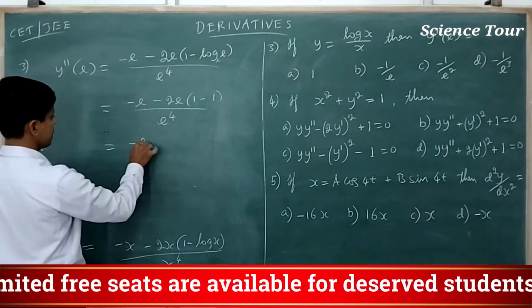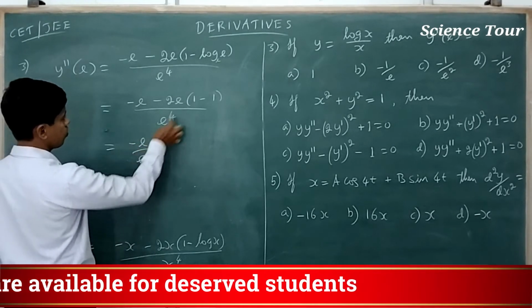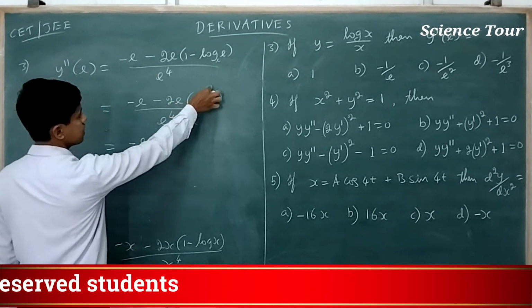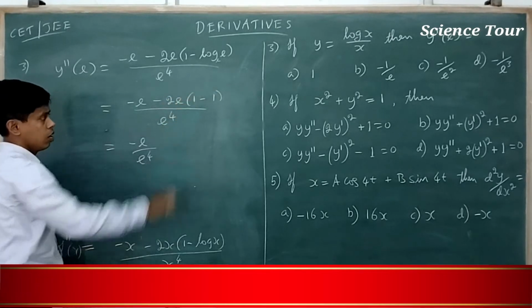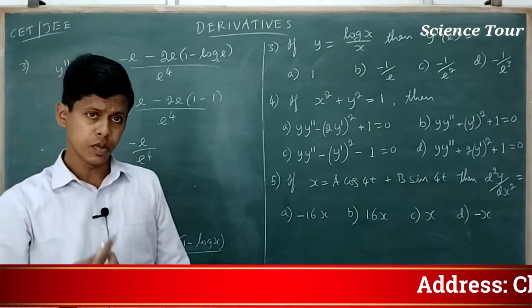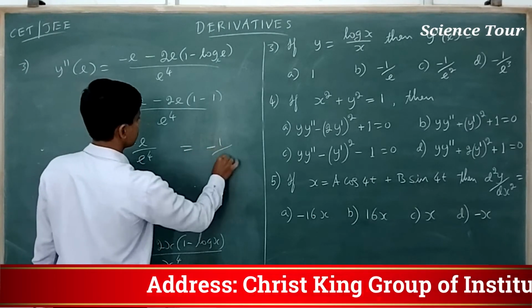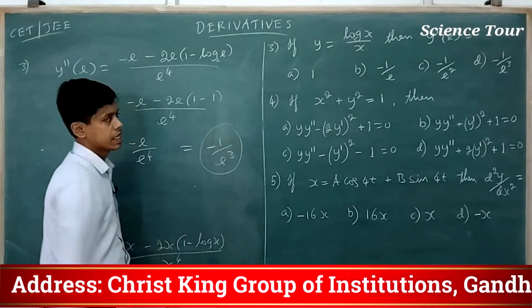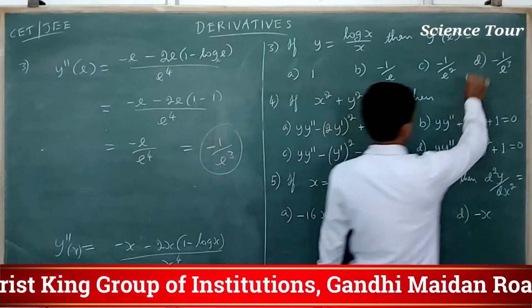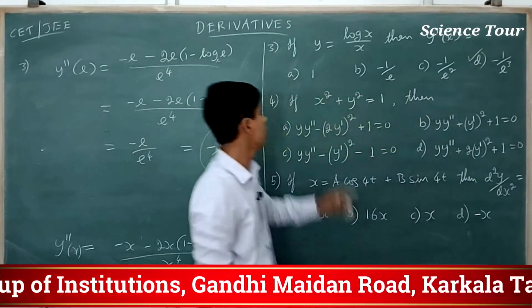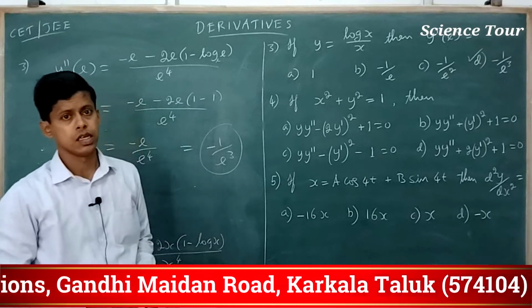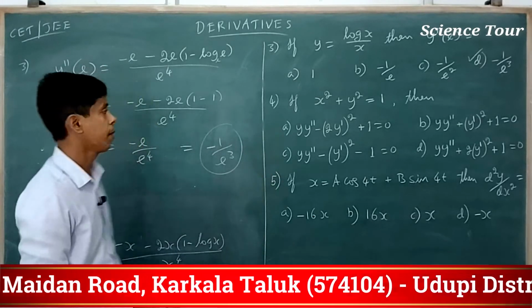So that's like minus e divided by e raised to 4, because the whole term 2e into 0 will be 0. So that's it, minus 1 by e cube is the right answer. So option D is the answer for the third question. Let's move to the fourth one.